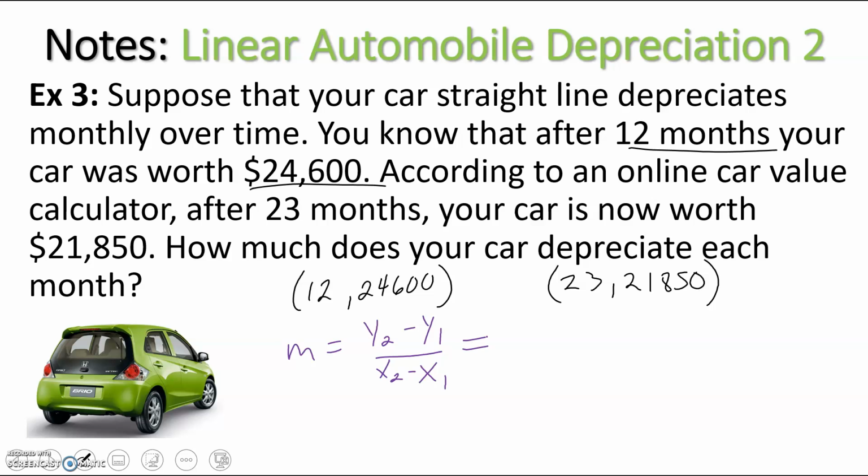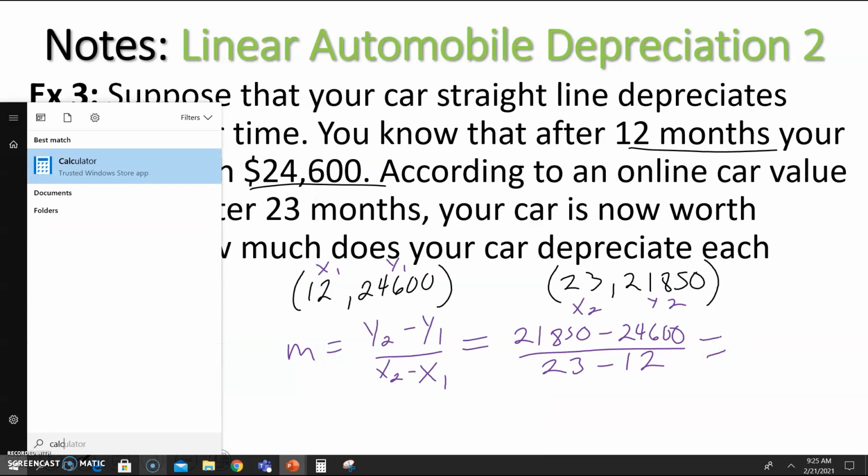So let's take a look again. Here we have x1, y1, and x2, y2. So that gives us 21,850 minus 24,600 over 23 minus 12. Now be really careful here and make sure that you put the values in the correct order, otherwise it changes the answer.